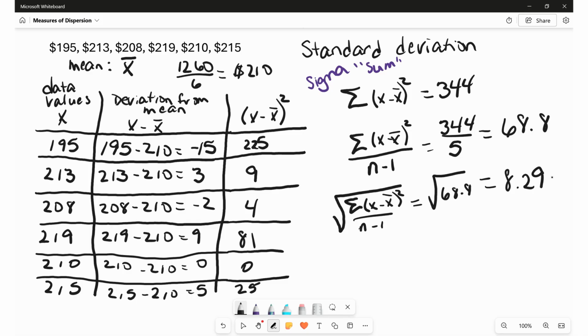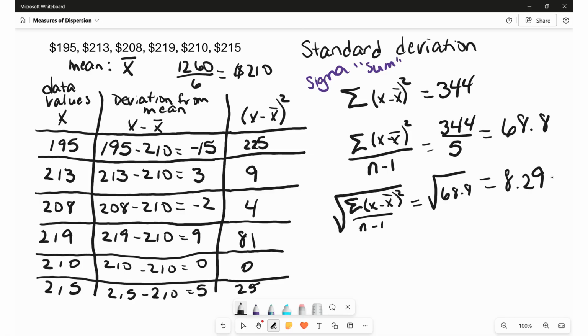And what this is telling us is that when we standardize these scores, the deviation from the mean averages out to be about 8.29 away from the mean. It is kind of the average distance from the mean for every one of our data points.